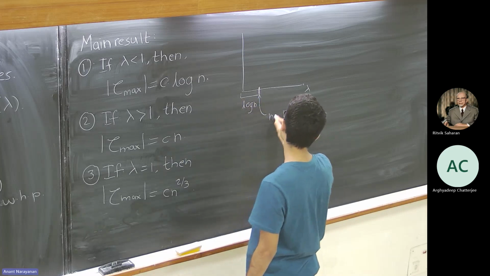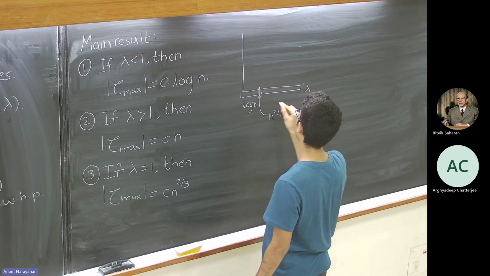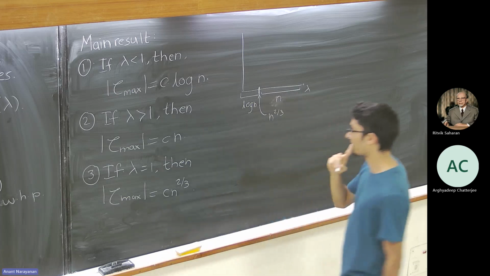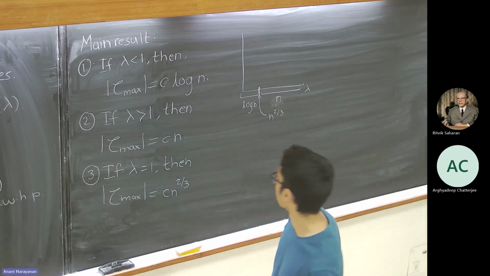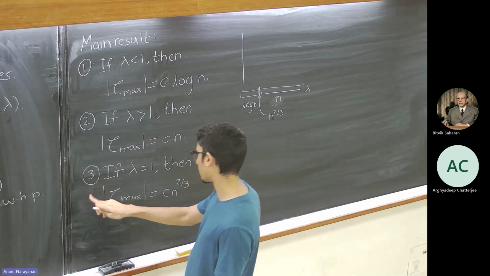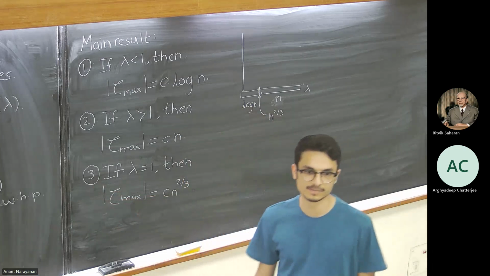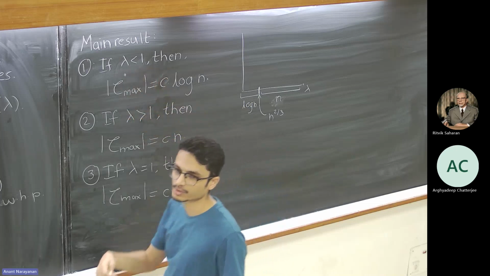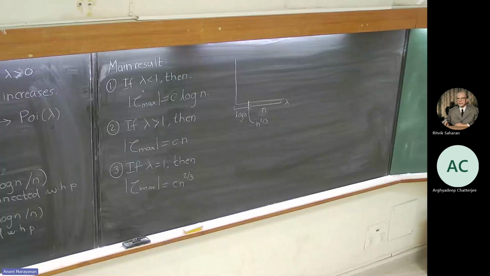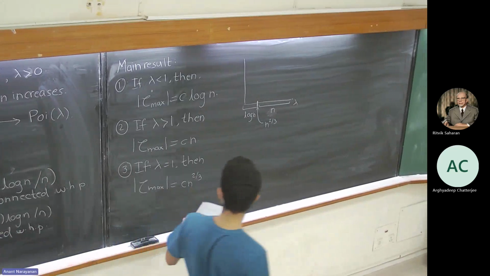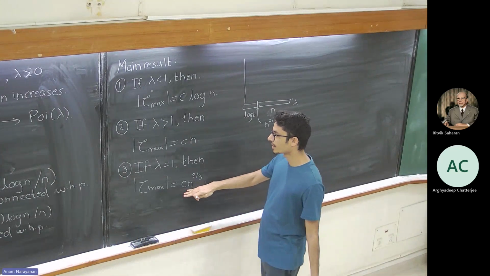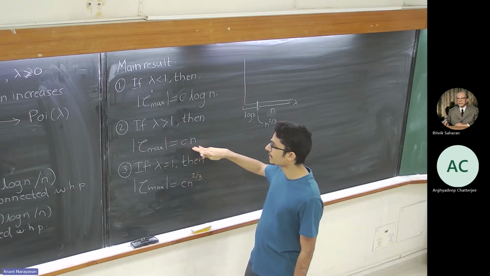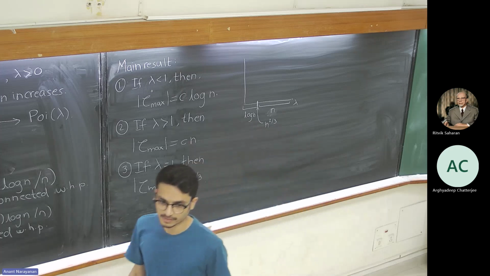Something surprising for the third case is that all components are of the order n^(2/3). So you can think of it as some sort of evolution. As lambda keeps increasing, the components keep increasing and become of the same order, and at some point around 1, above 1, one component breaks out and occupies most vertices, and all others shrink.